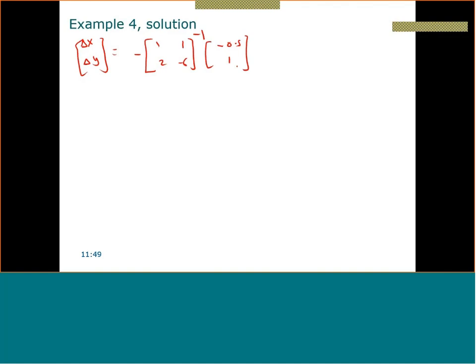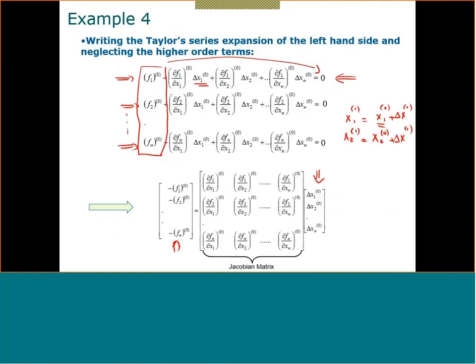From where do I get this? Because originally it was like this. You will have the following: minus 0.5 and 1 equal to the Jacobian matrix, which is 1, 1, 2, minus 6, times delta x and delta y. So this is how it looks. From where do I get this? This is exactly this equation.